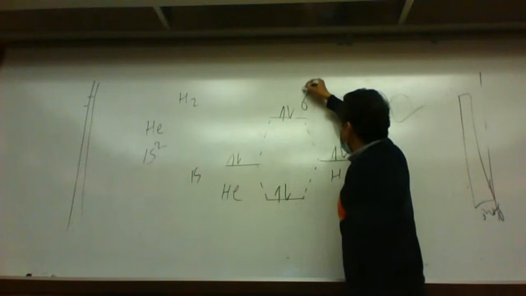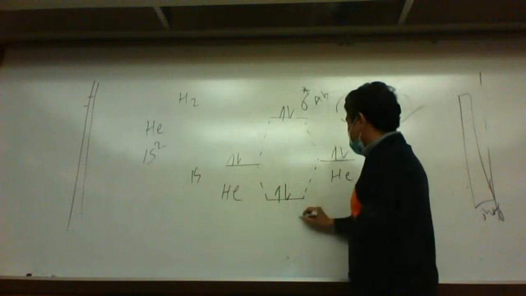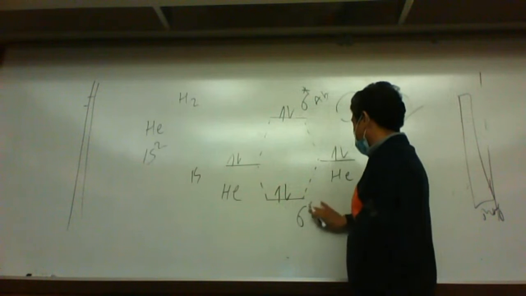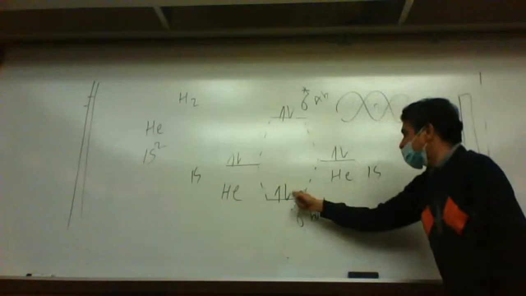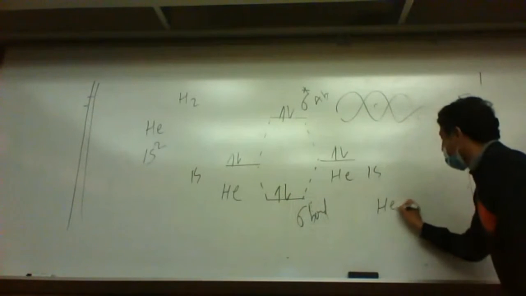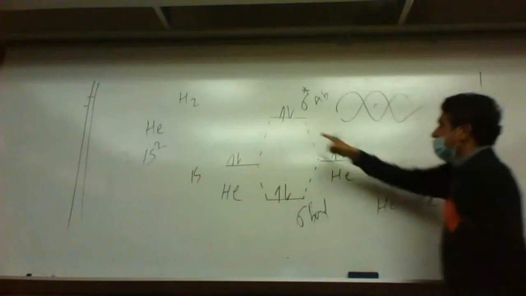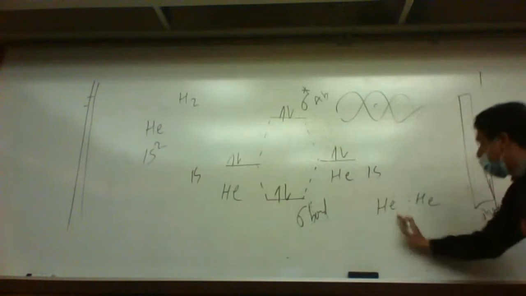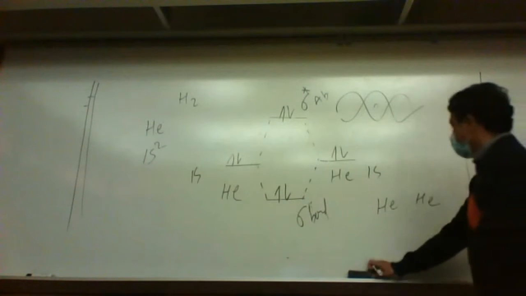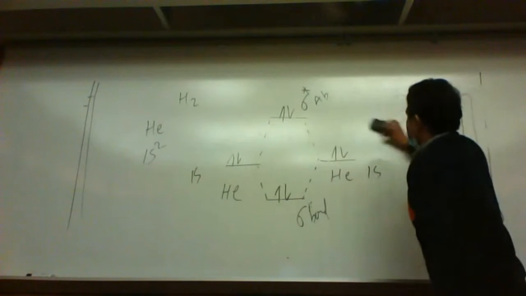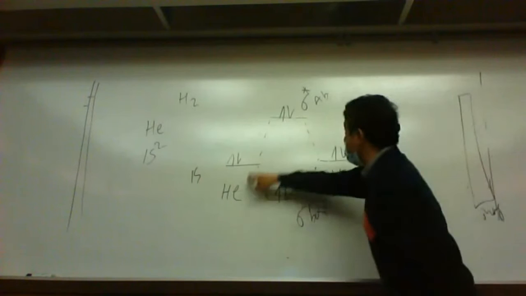Now this is anti-bonding, and this is bonding. So these 2 electrons try to stabilize the system, to hold the helium together like this, and these 2 try to break it into helium atoms. Make sense?